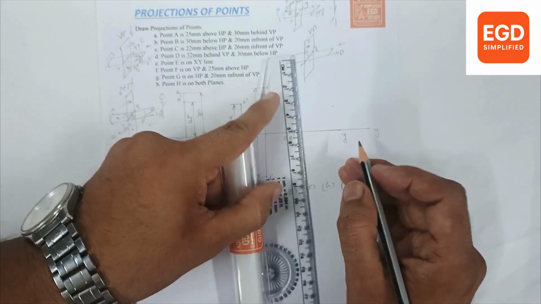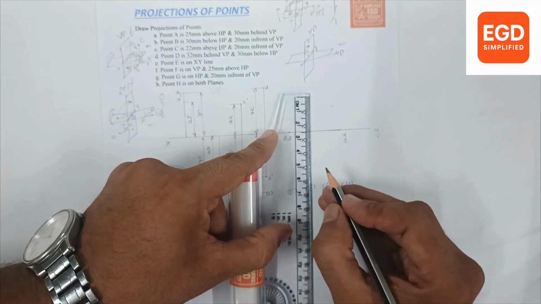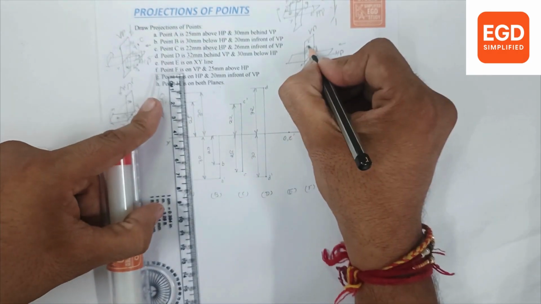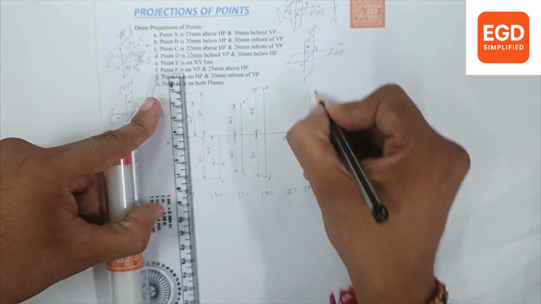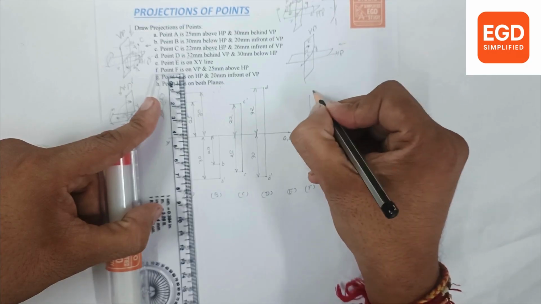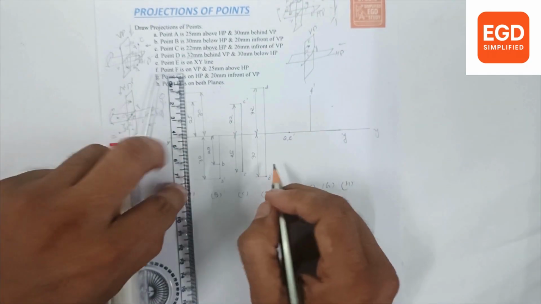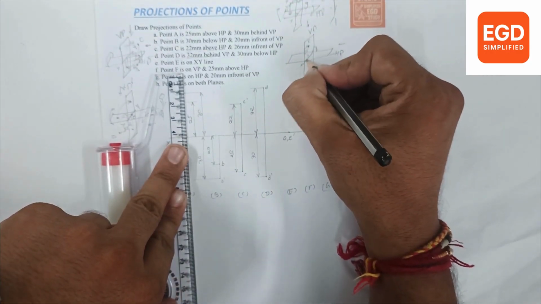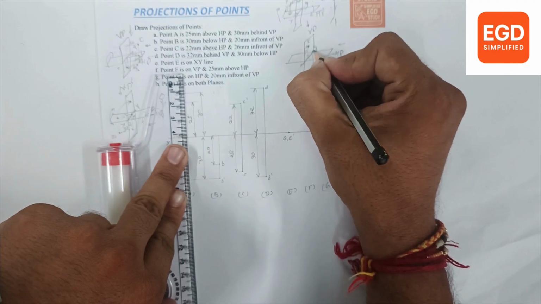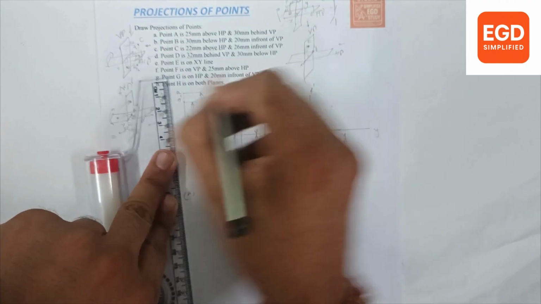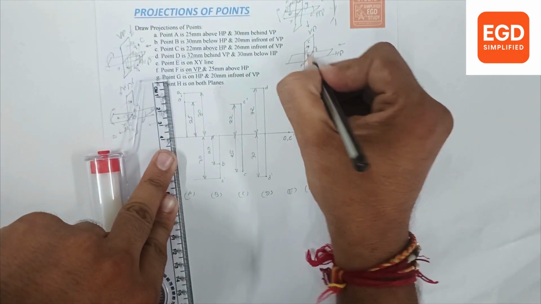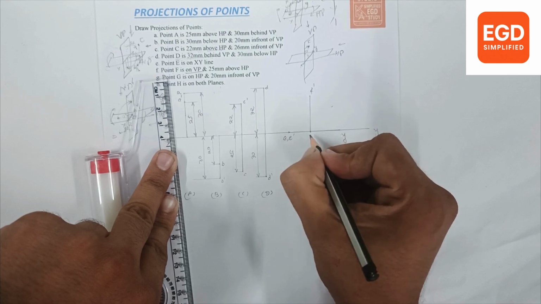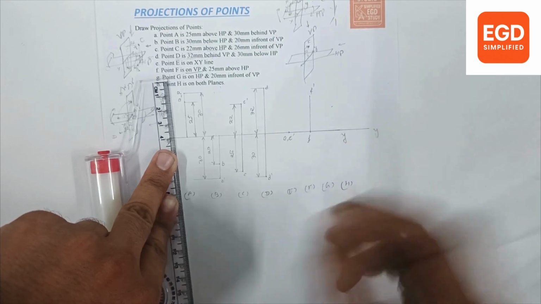So point F, 25 mm above, is sketched on VP, so the point name will be F dash. For the top view, we can see it on the XY line because it is on VP, so it should be plotted on the XY line. So on the same line, the F point can be plotted.